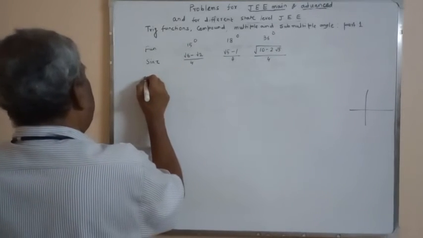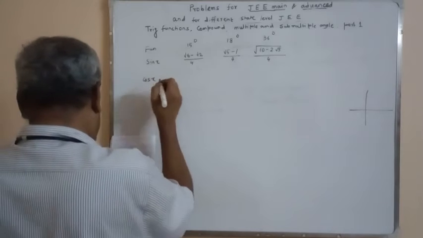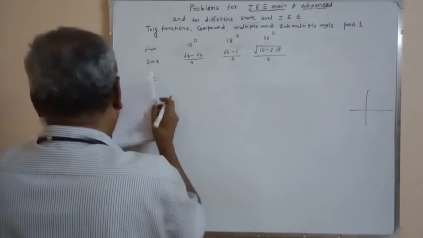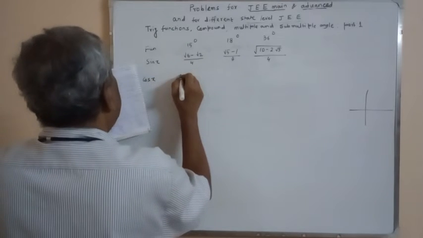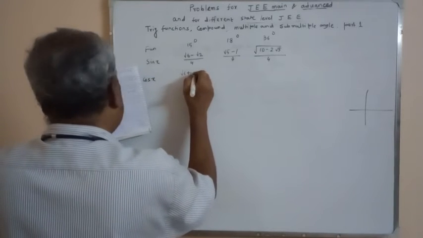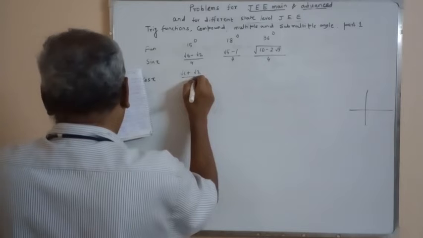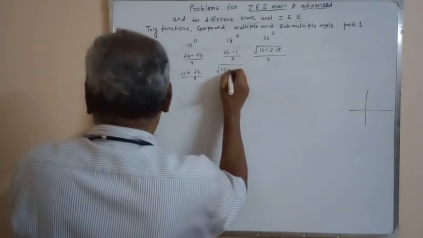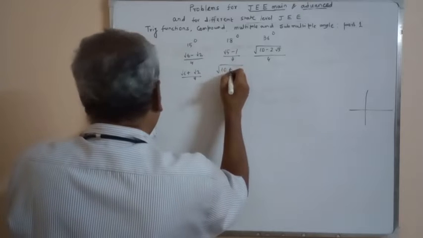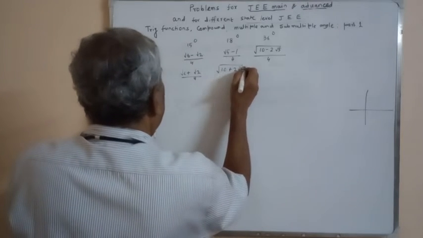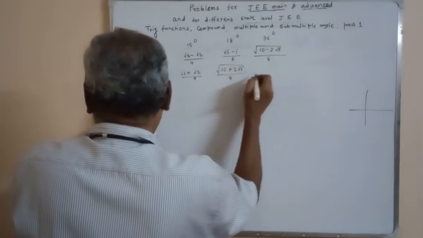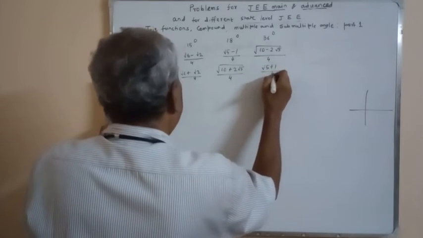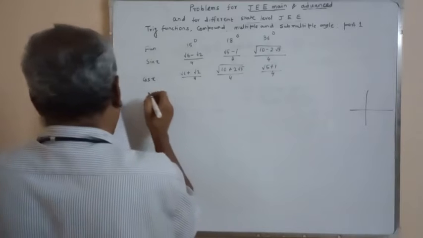Cos x at 15 degree is root 6 plus root 2 by 4, root over of 10 plus 2 root 5 by 4, and root 5 plus 1 by 4 at 36 degree.